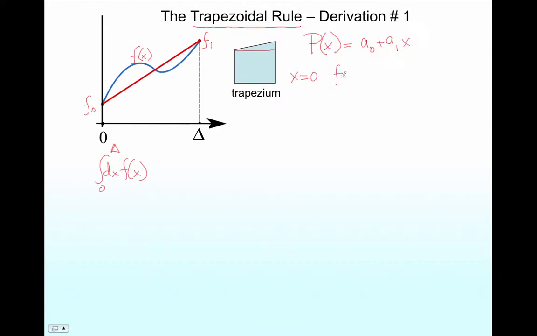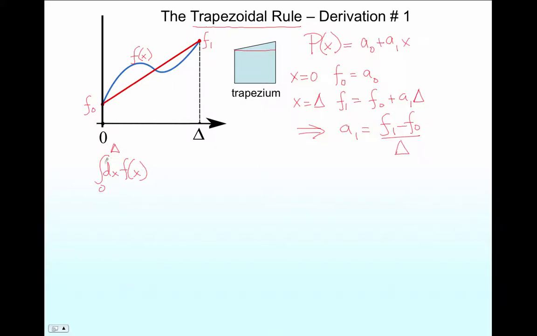If you put x equal to 0, then p of x is f0, which is equal to a0 plus 0. So we found a0 equal to f0. Put x equal to delta now. P of x is f1, and that's a0, which is f0, plus a1 times delta, from which we get immediately that a1 is f1 minus f0 divided by delta.